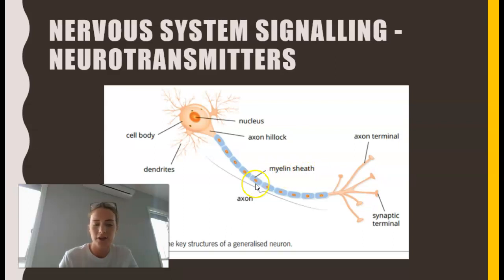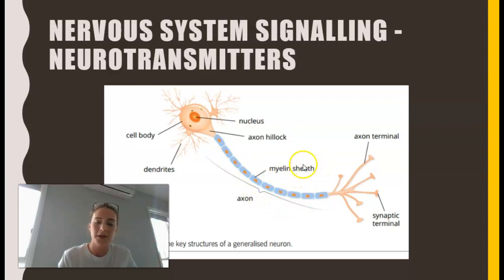And I can hear the psychology students already piping in and telling me straight away what the job of the myelin sheath is. Yeah, I can hear you. And you're saying that the myelin sheath is there to increase the speed and how well the signal travels through the axon.